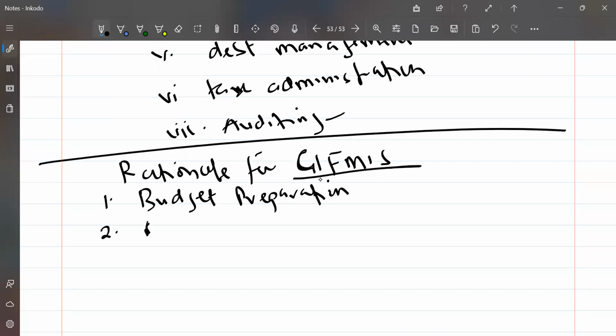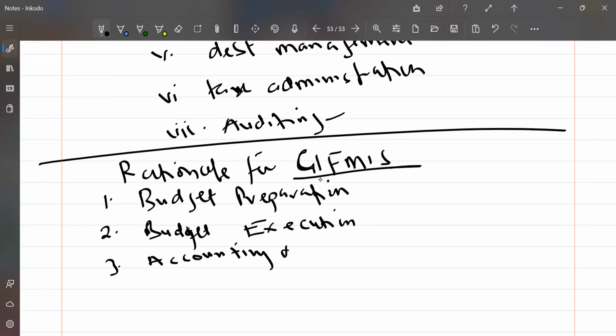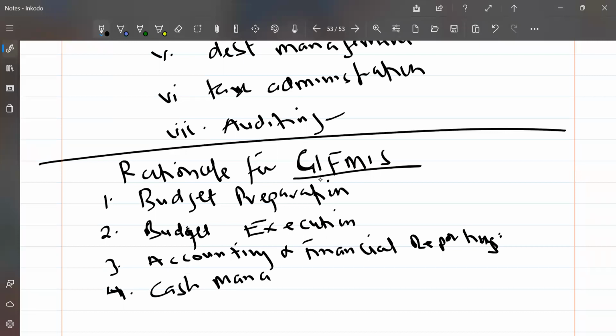Second, budget execution, how the budget will be implemented. The next one is accounting and financial reporting. The next one is cash management, how we manage cash. Fifth is asset management.